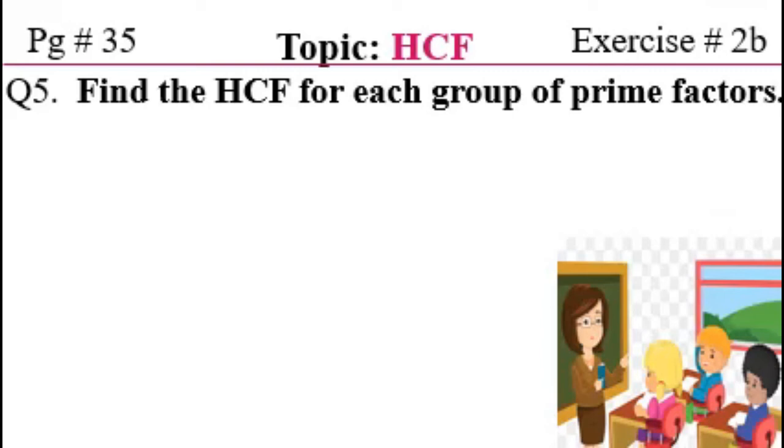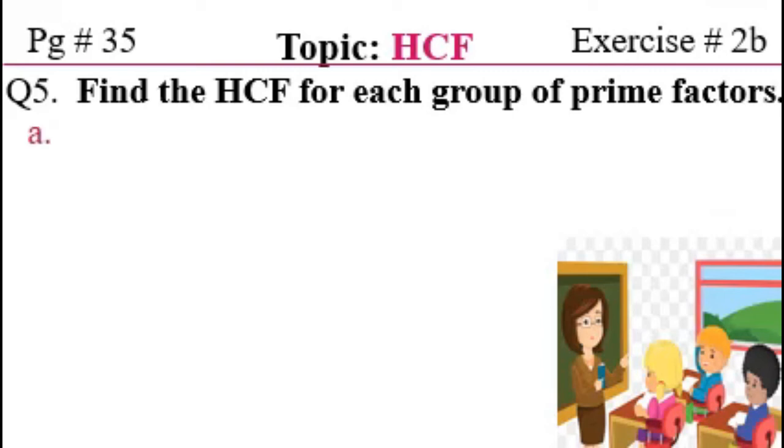So what does the question mean? It means that now we are already given the prime factors, right? Step number 1 of the prime factorization method they have already done for you. You are supposed to loop the common prime factors and then take their product to find out the HCF.